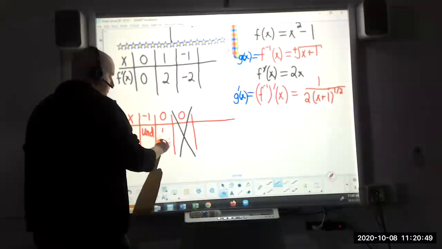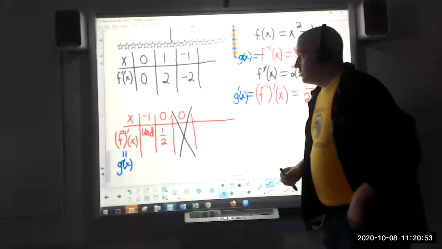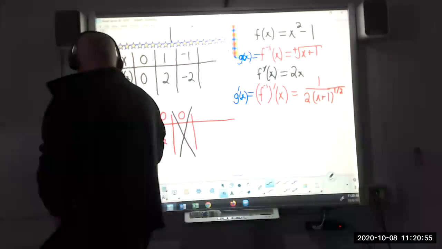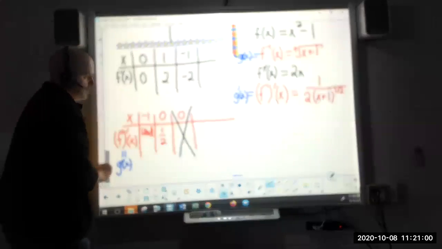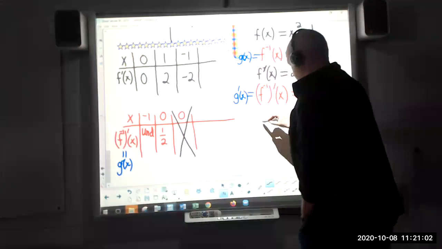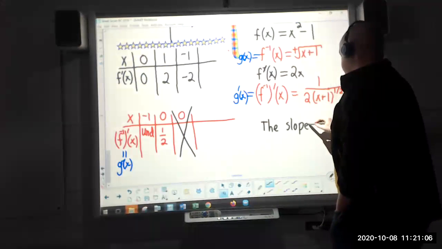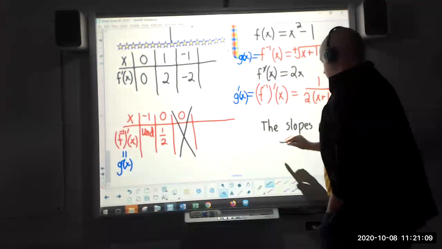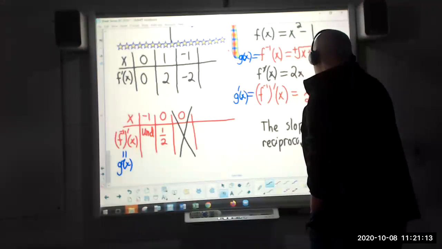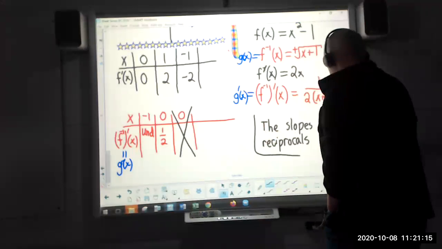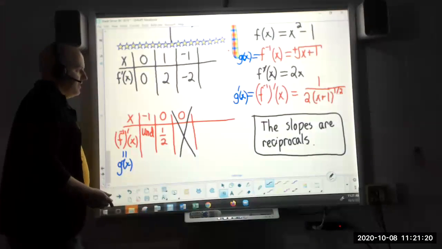You get a half. We said with the lines, the slopes are reciprocals. Do you agree here that the slopes are reciprocals? Sure look like it, doesn't it? So they're not inverses, they're reciprocals. But life can't be that easy, can it? No, it cannot.